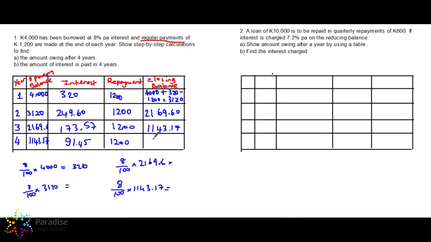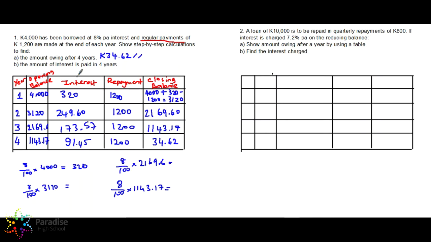So what is left? 34.62 kina. So at the end of the 4 years, you will still have to pay 34.62 kina. Then the amount owing after 4 years, the answer will be 34.62 kina. So that's the answer.